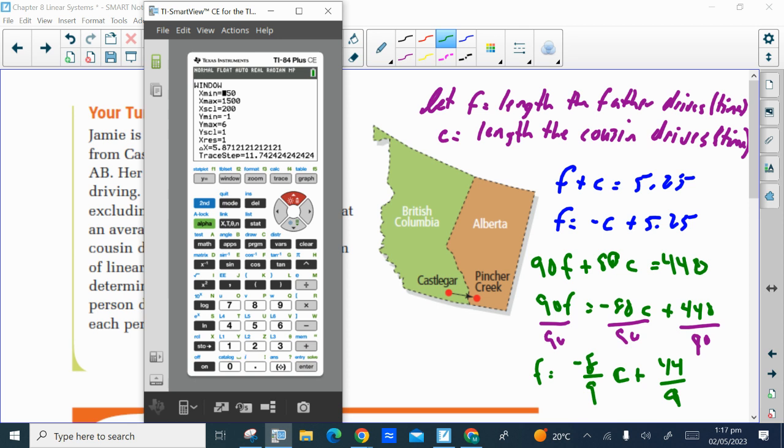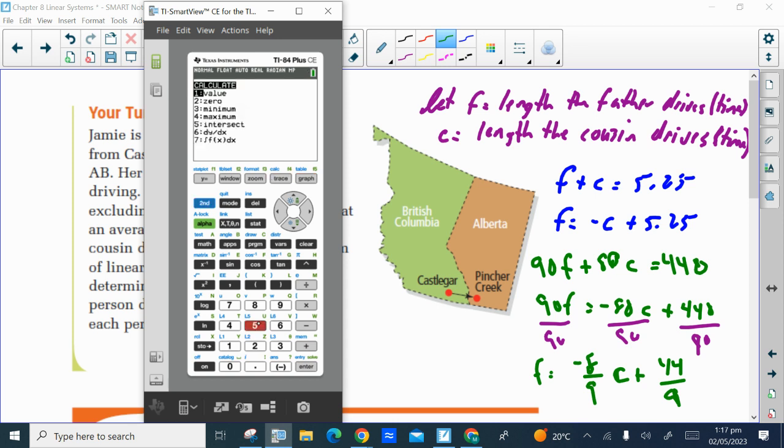So let's go from negative 10 up to, and again, this is our time in hours, let's go 10 hours and a scale of 2. Remember, we want to see both lines and we want to see the point of intersection, which we can.